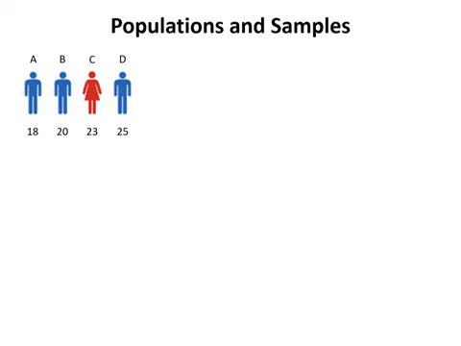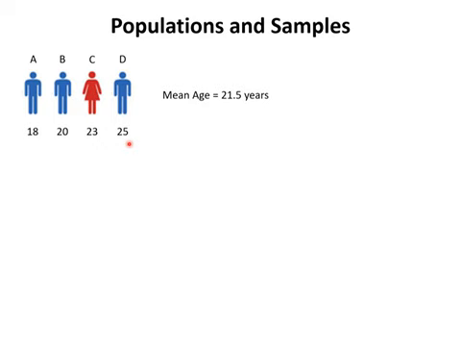Consider you have a target population of people with the following ages, starting from 18 and ending at 25. The average age is 21.5. What are the possibilities of taking samples from this target population?